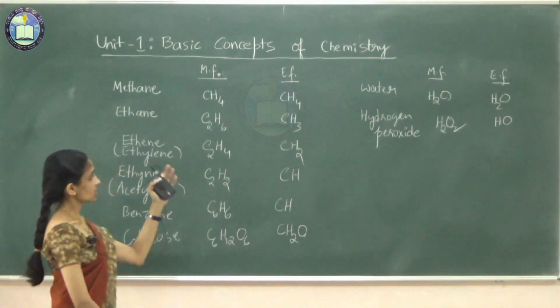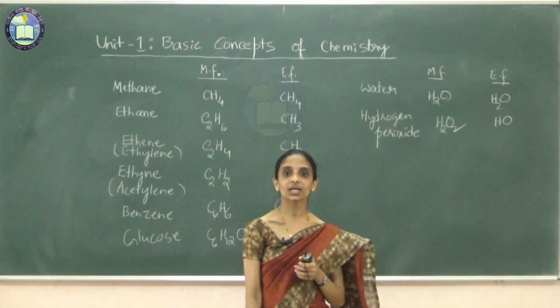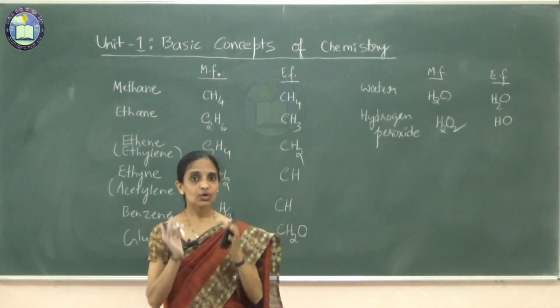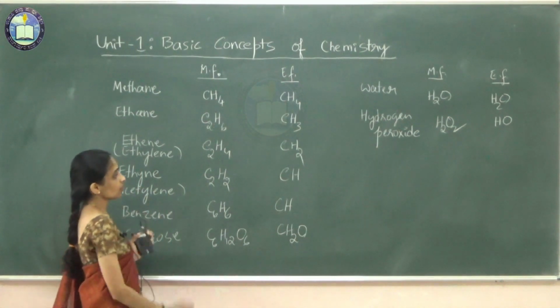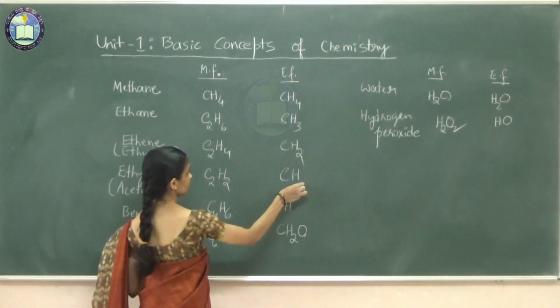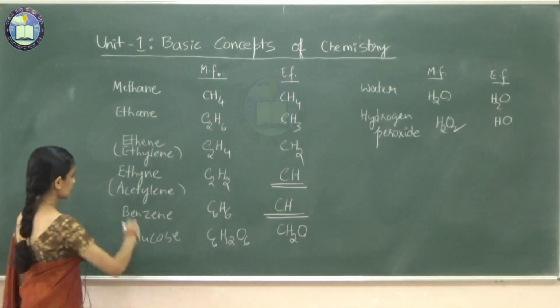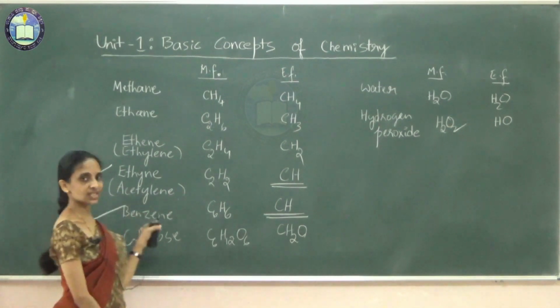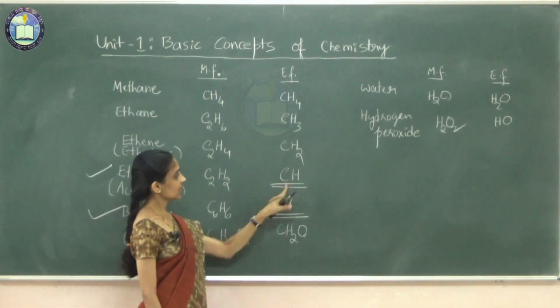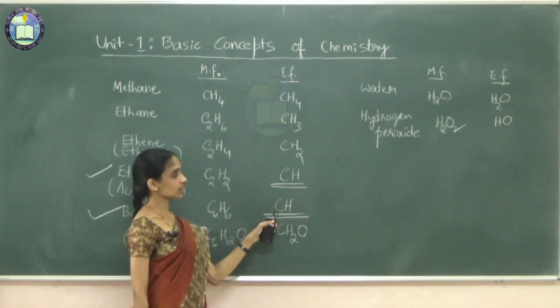Okay, so these are some more examples for molecular formula and empirical formula. Now, what I want you to notice is that some compounds may have the same empirical formula. Ethyne and benzene, for example, have the same empirical formula CH. So that is possible.